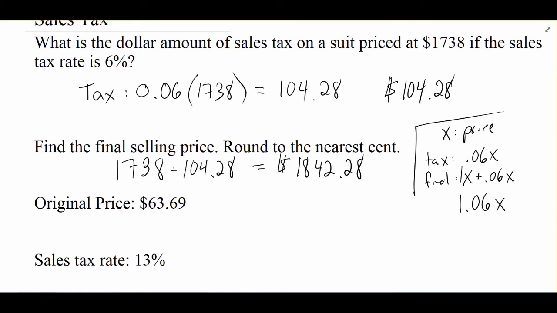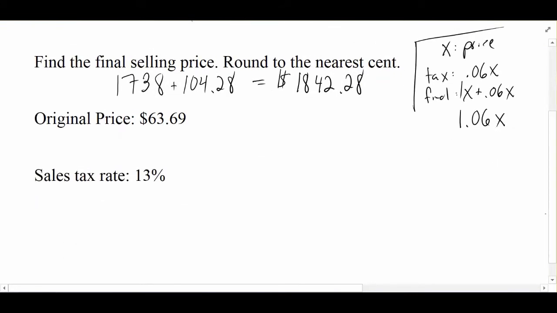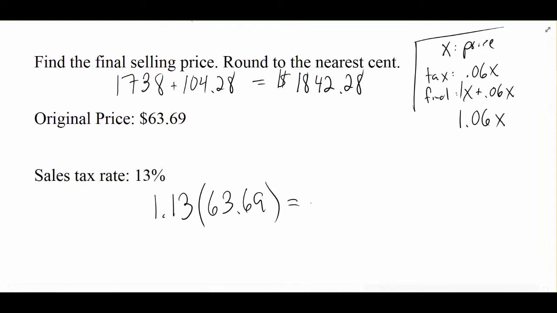And so what I can do that's going to be a little bit easier in this case is if I want to find the final selling price of this thing that costs $63.69, then instead of doing this as two separate steps, I can say, let's do 1.13 times 63.69. And if I do that in my calculator, I can get the final selling price in one step rather than a bunch of steps. This is going to get me $71 and about 97 cents once I round to the nearest cent.